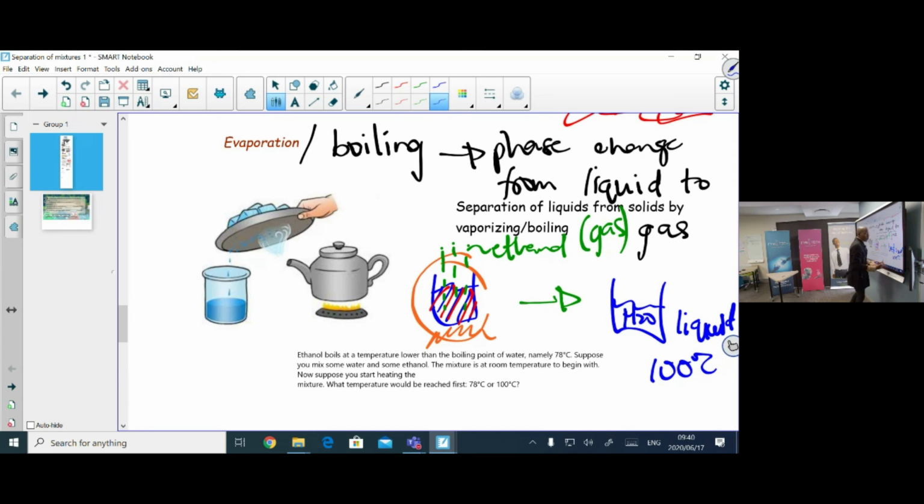So our H2O will remain, but our ethanol would have evaporized out. Our ethanol will be existing as gas.